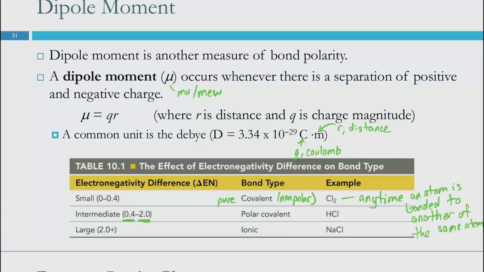What kind of compounds might have ionic bonds? Ionic compounds have ionic bonds. That's exactly right.